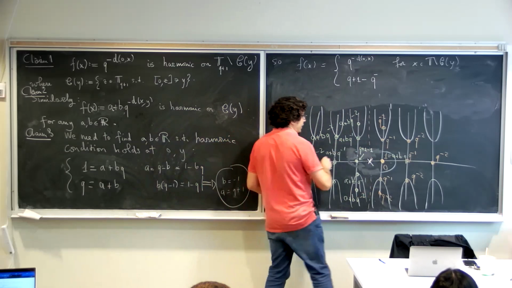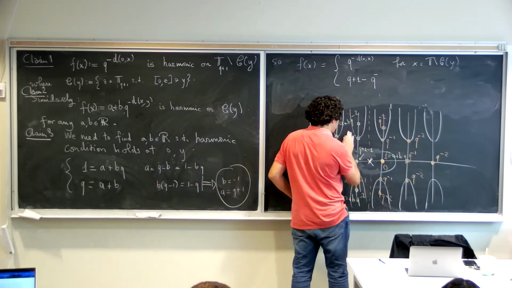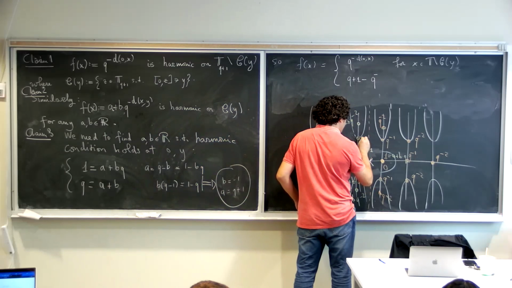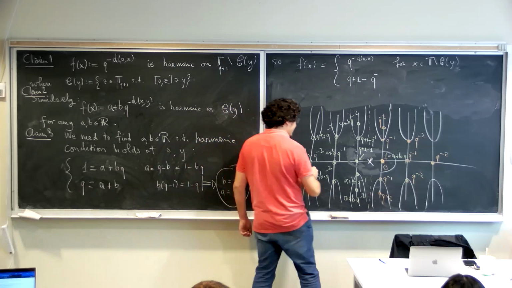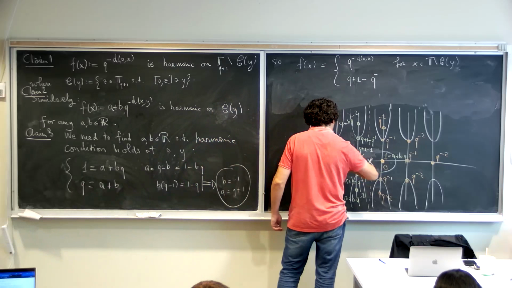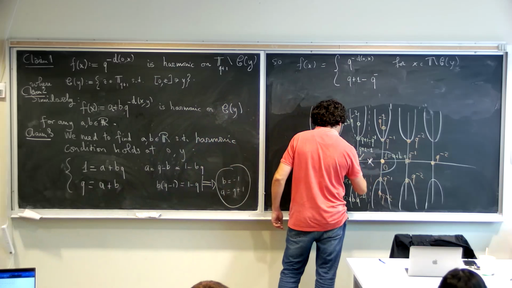And then the next one has to be q plus 1 minus q to the minus 1, and so forth. So this is q plus 1 minus q to the minus 2.